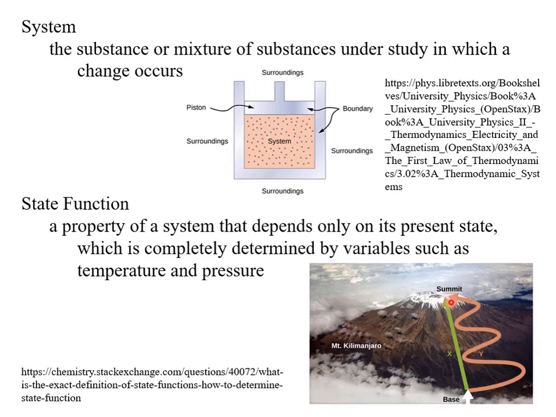But basically, the state function says that the height that I start at and the height that I end at is the same. So it doesn't matter if I take path X or if I take path Y, it's the same. The thermodynamics is the same either way, okay?